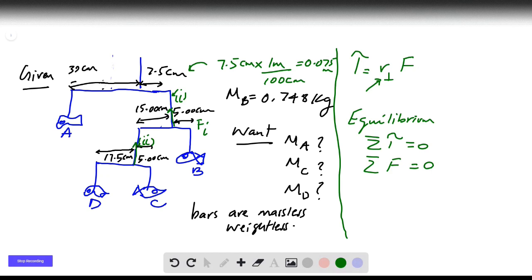So this force right here will be F sub Roman 2. So F sub Roman 1 and F sub Roman 2, those are the two forces.